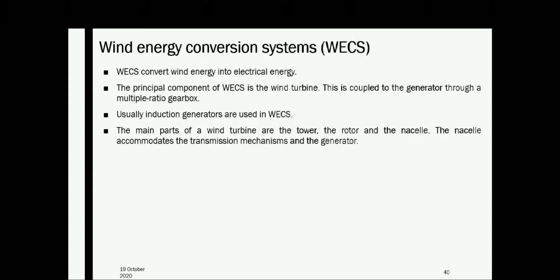The principal component of wind energy conversion systems is the wind turbine, and this is coupled to the generator through a multiple ratio gearbox. Usually, induction generators are used in wind energy conversion systems. The main parts of a wind turbine are the tower, rotor, and nacelle. This nacelle accommodates the transmission mechanisms and the generator.